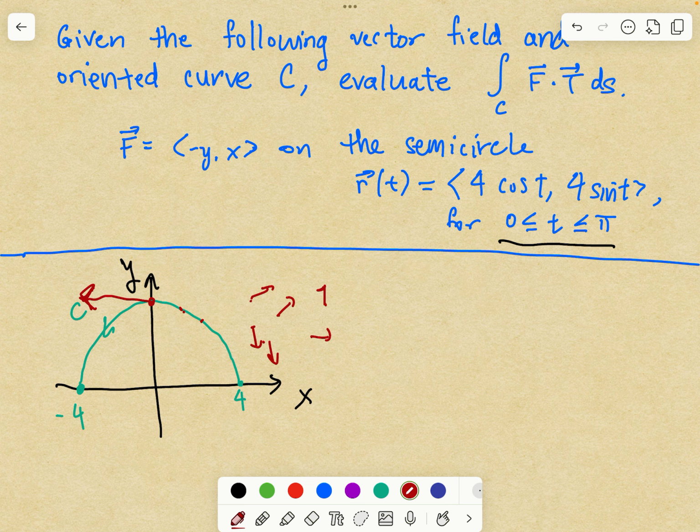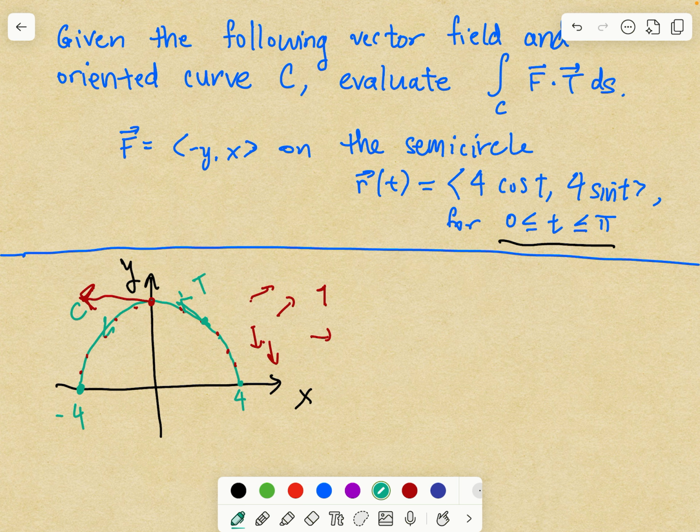But what you're doing is integrating the tangential component of the vectors F along the curve C. So in this F dot T, the T is the unit tangent vector to the curve. So you have a T vector, and at this point, your T vector is going to look like this.